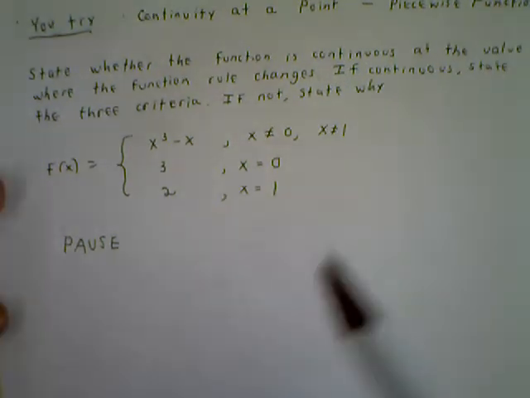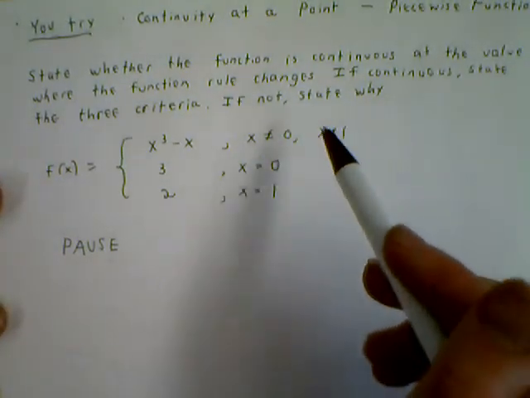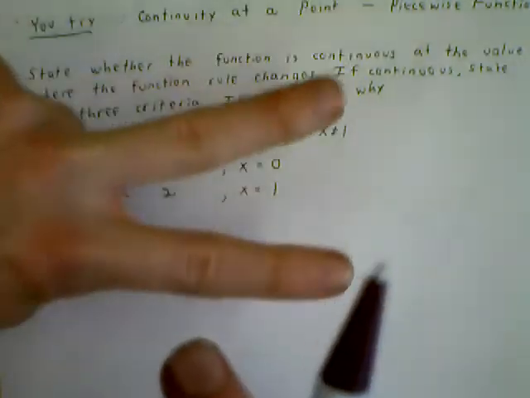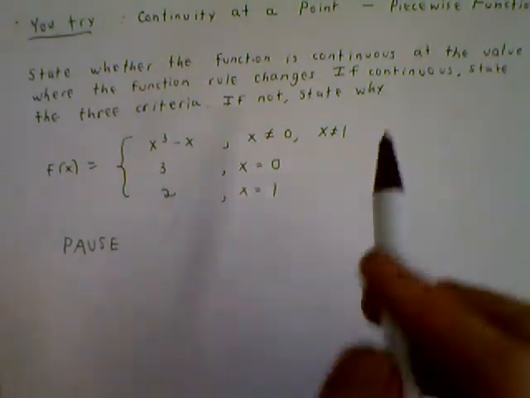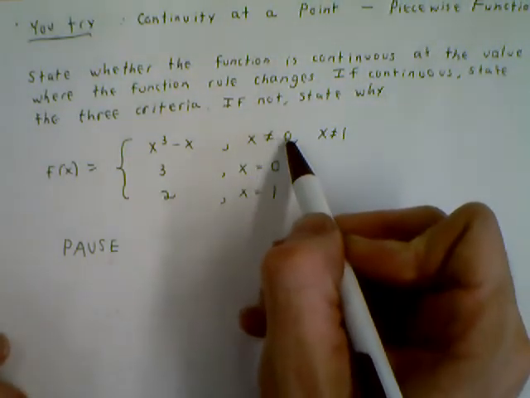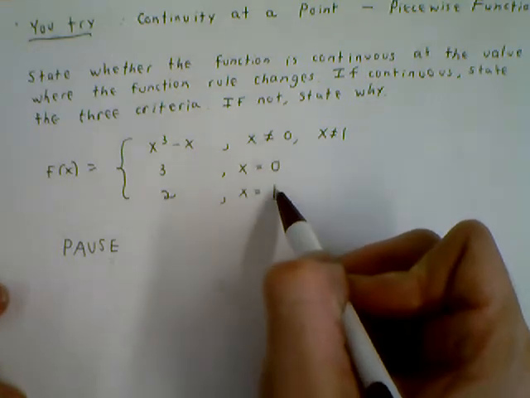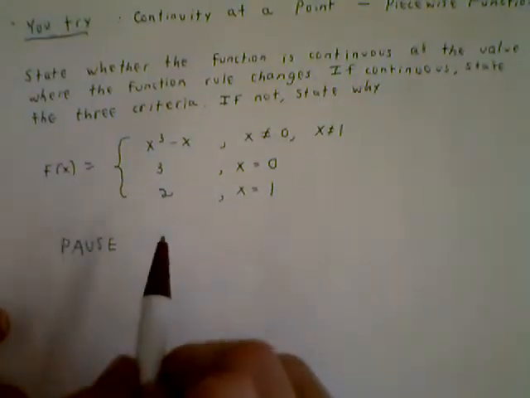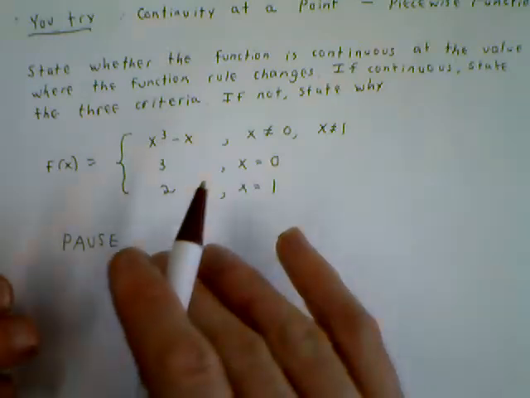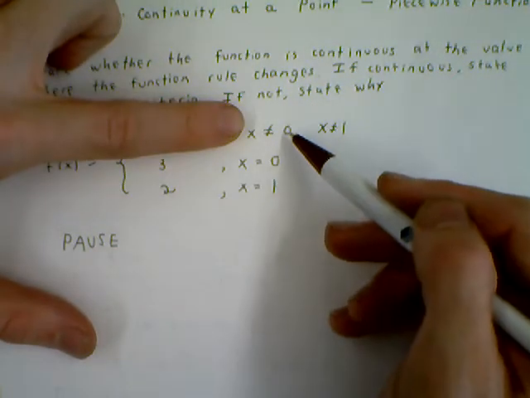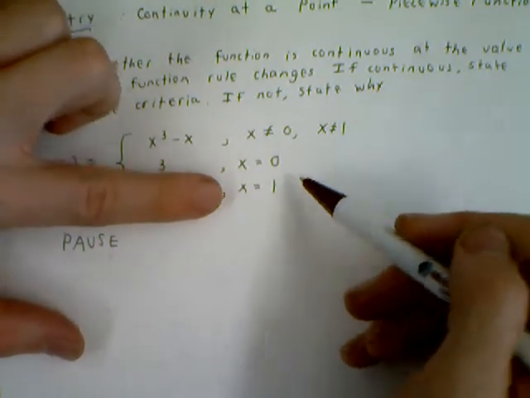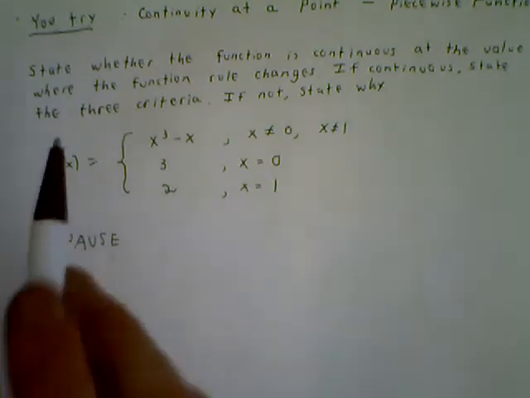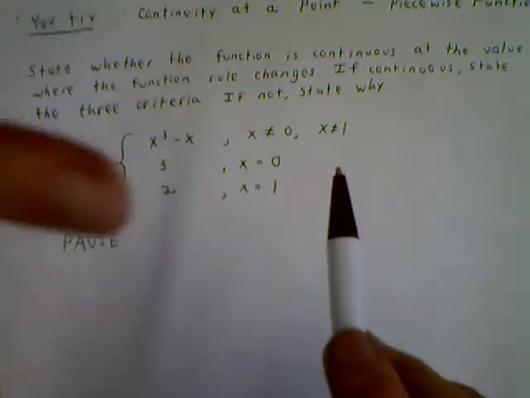All right, now what I see when I look at this function is we have two places where the function rule changes. It changes at 0 and it changes at 1. This means that I need to check the continuity at both 0 and at 1. So this is a little different from the last example. We're checking continuity at two different points.